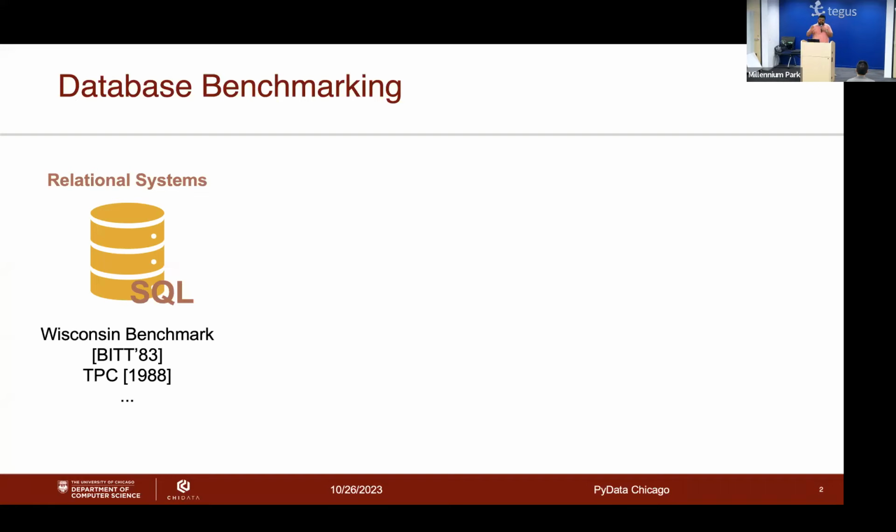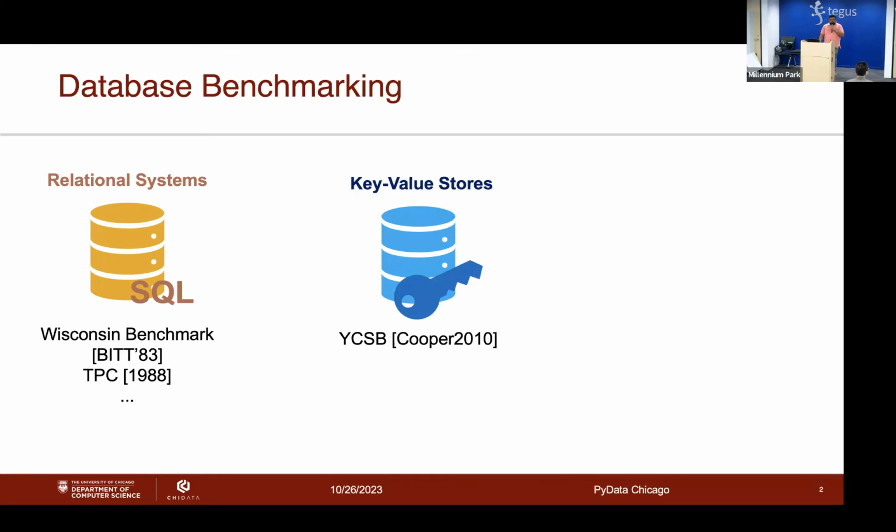They have many flavors or variants of benchmarks. There's one used for traditional OLTP, transactional systems, and then they have something for columnar systems, data integration, and so forth. With the emergence of the cloud, one thing that happened was the entire NoSQL movement, which meant people were moving away from relational database systems in the interest of scaling.